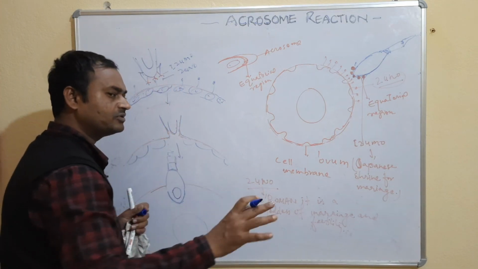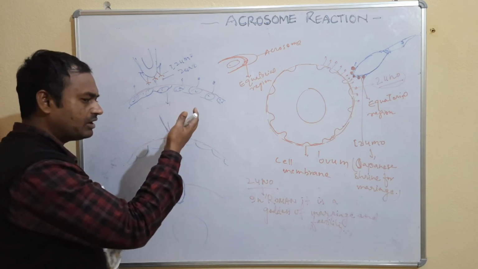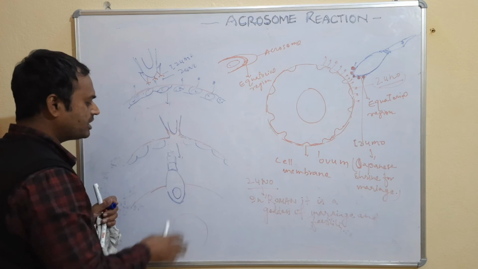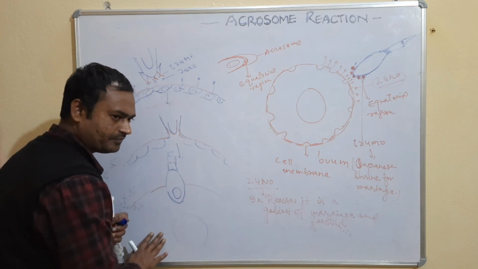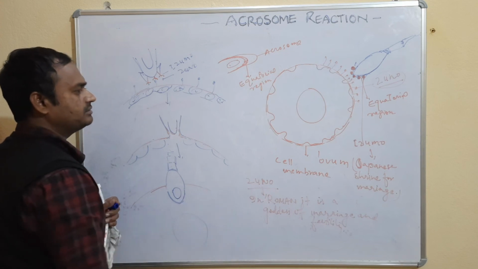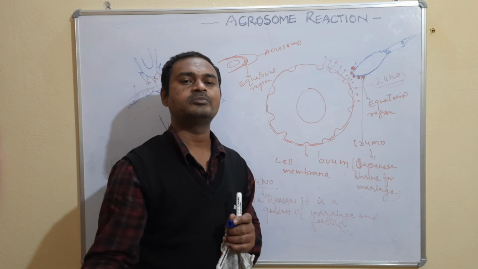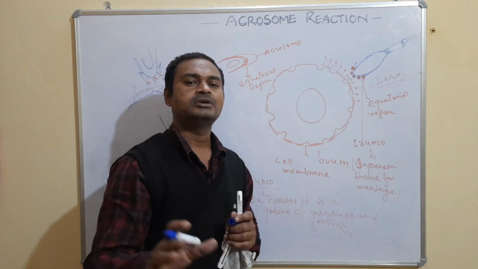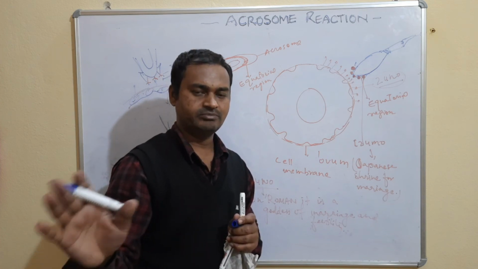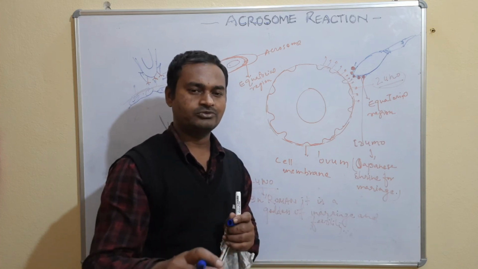It fuses with the membrane of the cortical granules, the cortical granules come out, and the sperm comes in. So this was just a brief idea regarding the interaction of the sperm with the surface of the egg, or the cell membrane of the ovum, and with the zona pellucida.